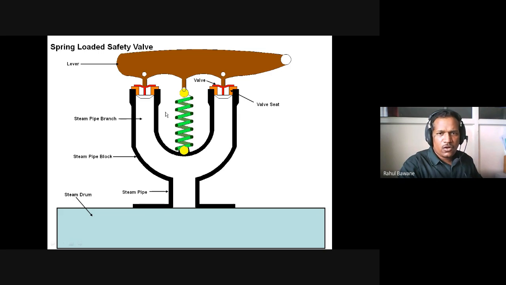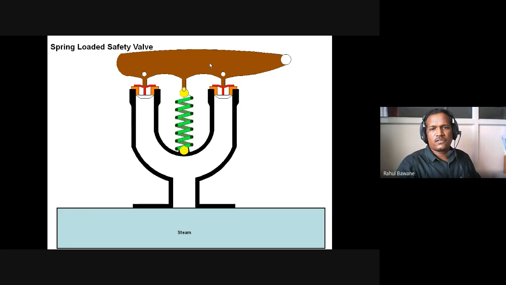This spring always tries to keep the lever toward the closing position of the valve. Whatever spring you attach has some specific tension, and unless your steam pressure becomes more than that spring tension, it will not lift this lever. Imagine your steam pressure becomes excess to that spring tension.